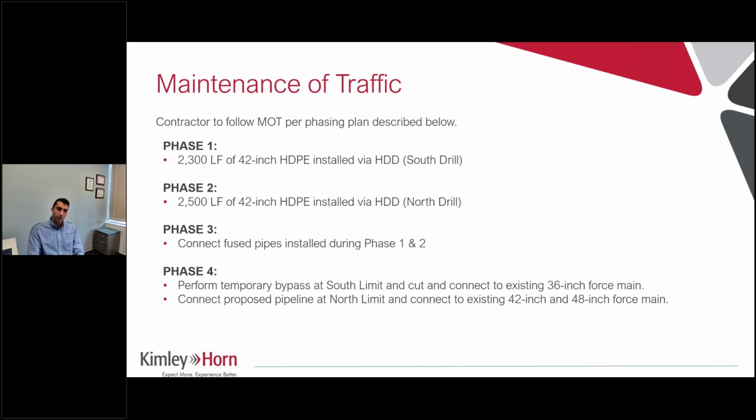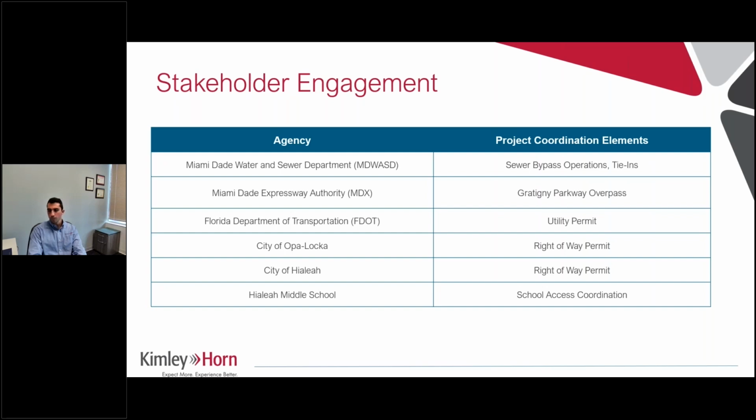And then phase 4 is basically the connections to the north and to the south by open cut construction to existing force mains, right? This project included a lot of stakeholder engagement, particularly the utility, Miami-Dade Water and Sewer. We're doing some pretty serious bypassing of that pump station 348.